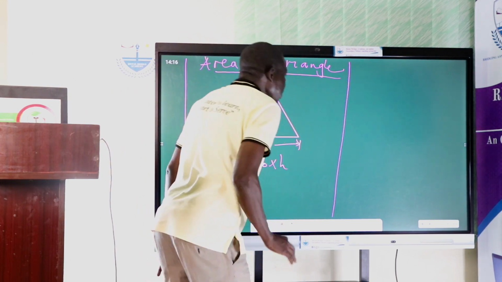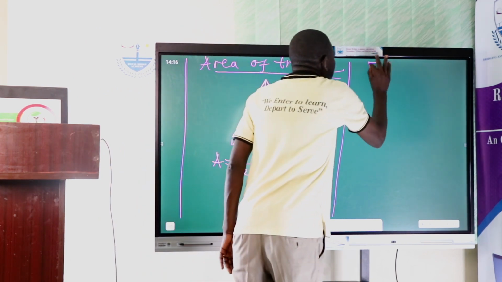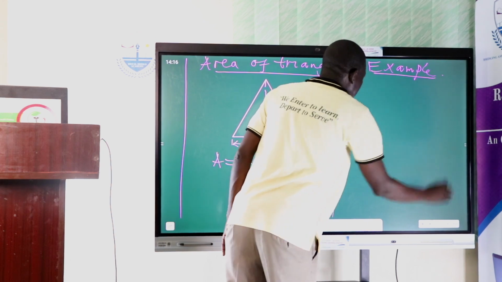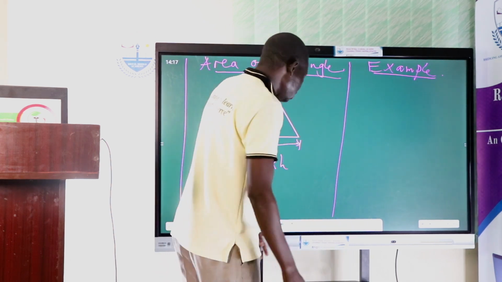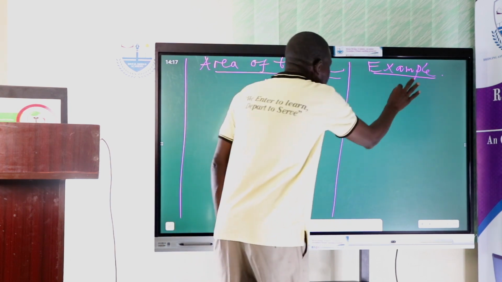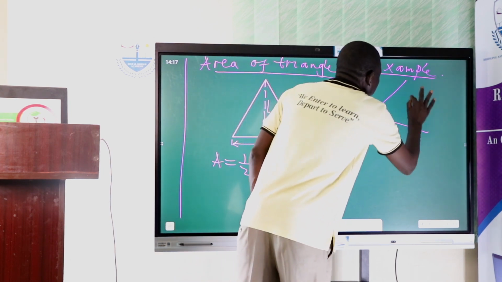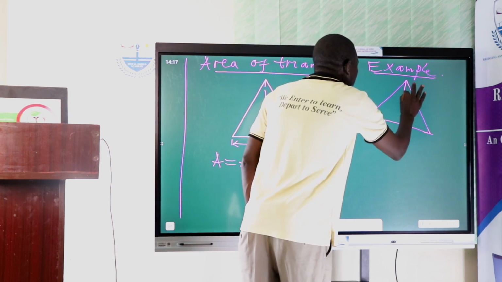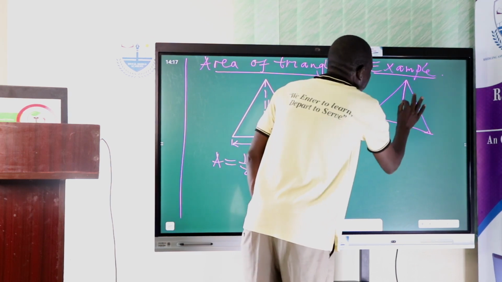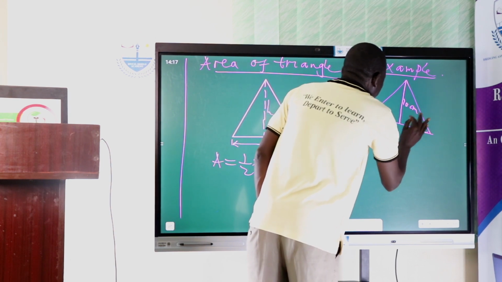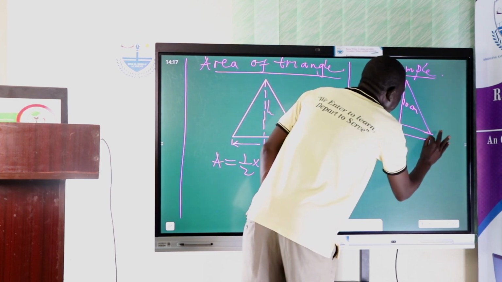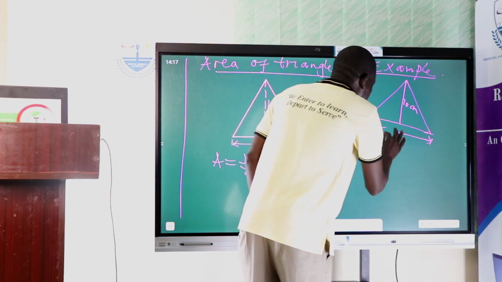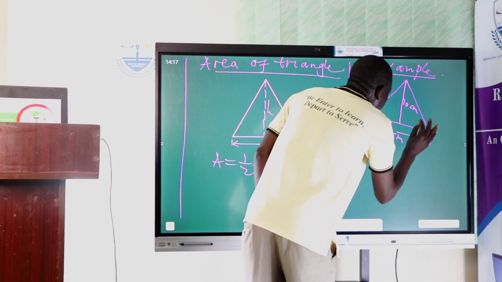Meaning that if we have a triangle which looks like this, if the value of the height is 10 centimeters, then the base from here up to here is 4 centimeters.